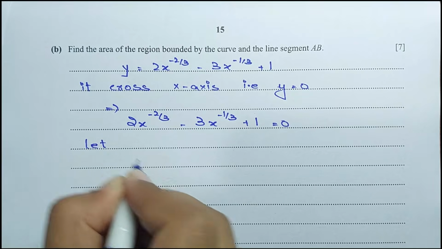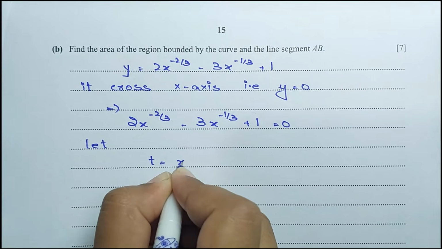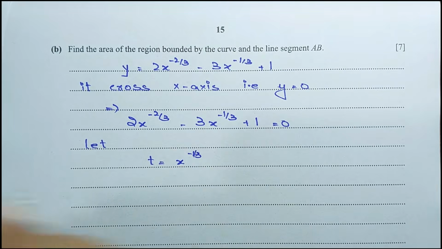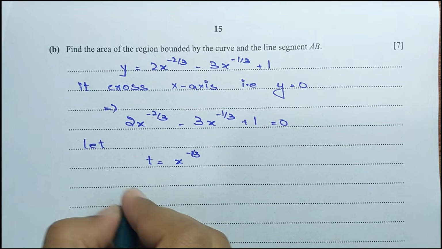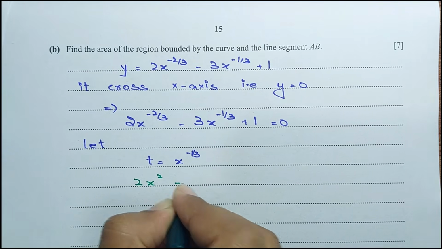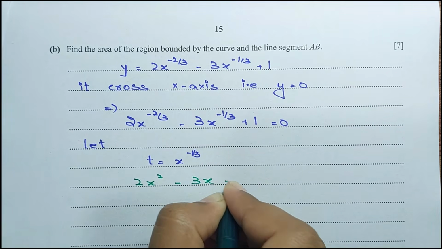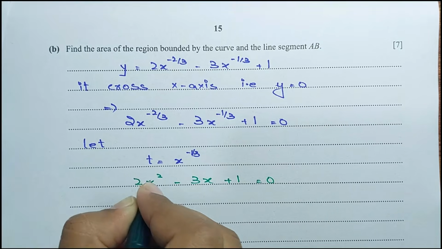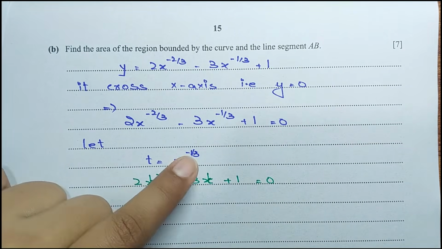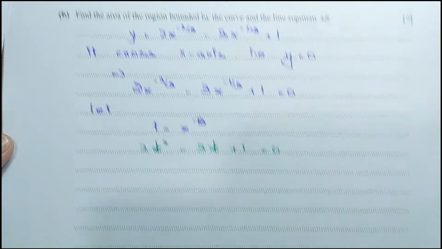So let us suppose that t is equals to x to the power minus 1 by 3, I'm taking to make it easy. So now this is 2t square minus 3t plus 1 equals to 0. So not x, this is t. Taking the square of t is minus 2 by 3.